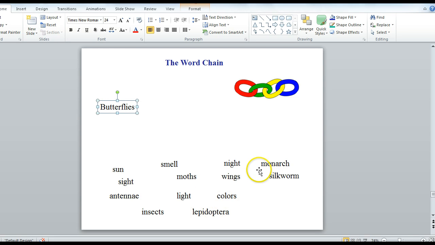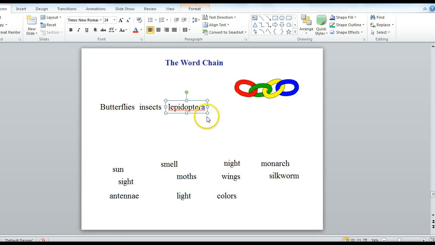So obviously you're not going to have all the words you need in here, but I know that butterflies are insects, so I could link those. And if you want to make this manipulative, you put these words on paper links, and the students can make chains, and then they use them to retell or summarize. So butterflies are insects belonging to a group of insects called Lepidoptera.